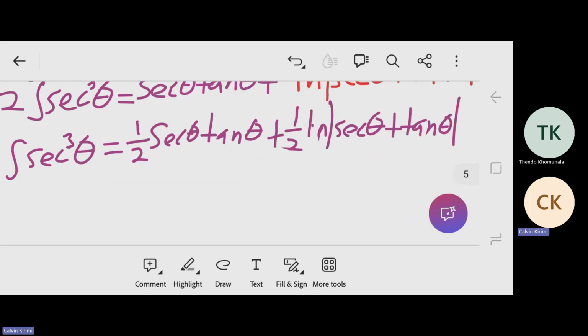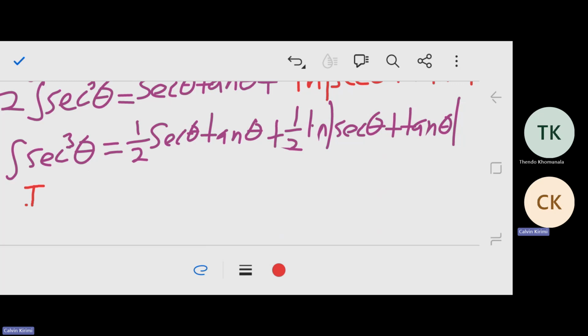So now we know the integral of that. Our question I is for the integral of that, so we are going to multiply by 4. Remember our I, which we are solving, is equal to 4 multiplied by the integral of secant cubed theta.